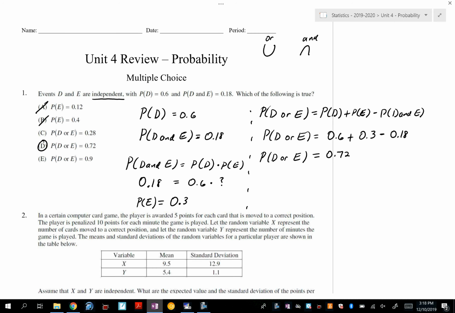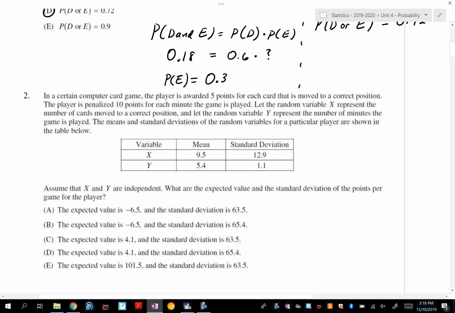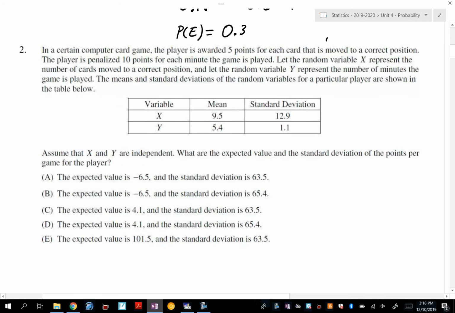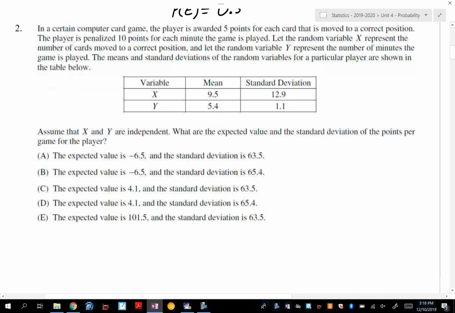Okay, let's do number 2. Now, number 2 gives you 2 random variables, x and y. But this problem is a little tricky because x and y does not take into account the points that they're awarding.